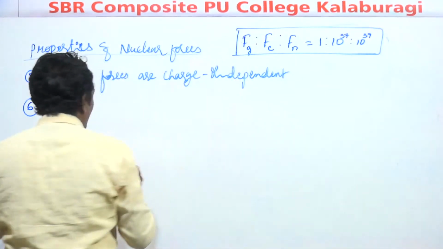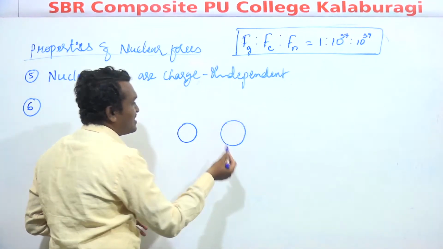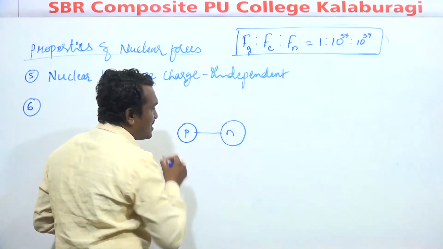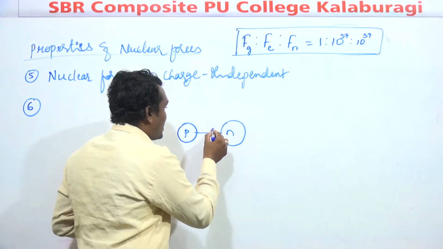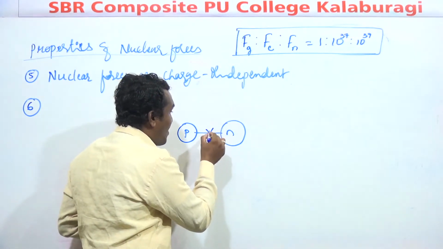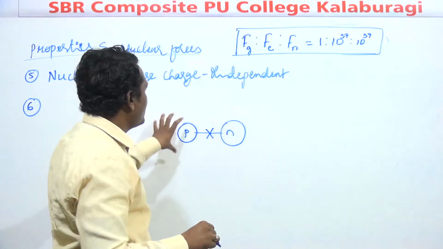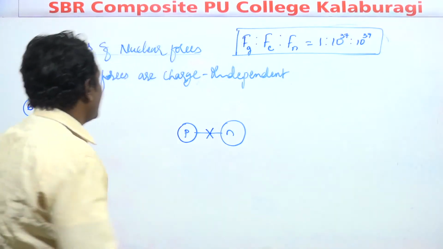So say this is one nucleon, a proton, and another one may be a neutron. This is the line joining the proton and the neutron. This nuclear force does not act along the line joining the proton and neutron. That is why we say it is a non-central force.